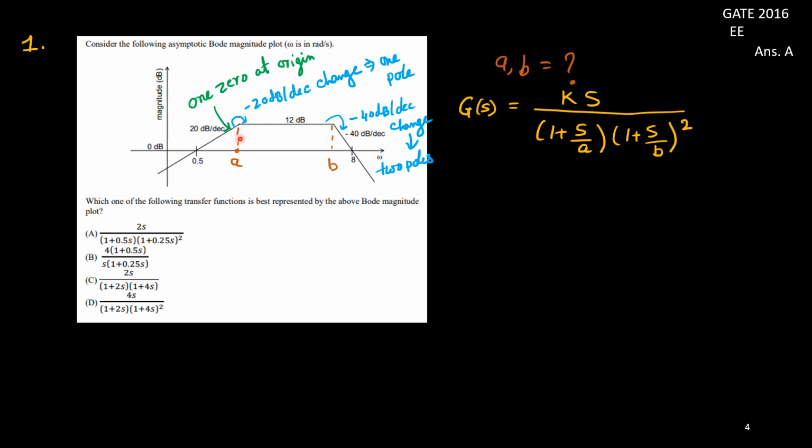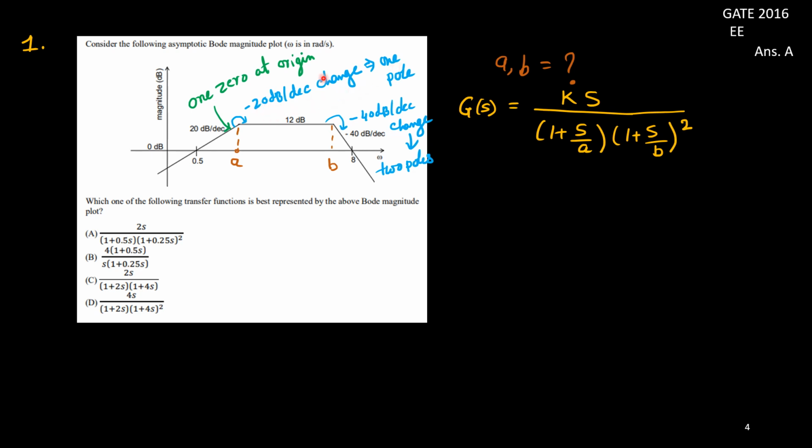And now at this corner frequency, there is a change in slope. Earlier the slope was plus 20, now it is becoming 0 dB slope. That means minus 20 dB per decade is the change. This minus 20 dB per decade change is due to one pole, because one pole can provide minus 20 dB per decade.